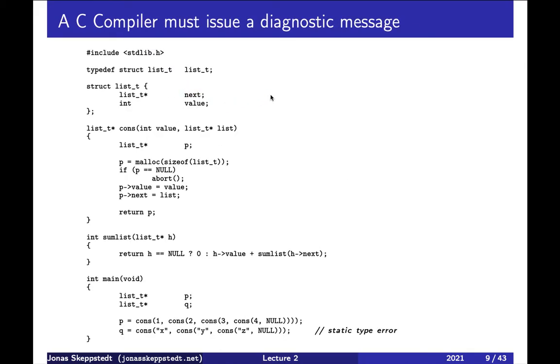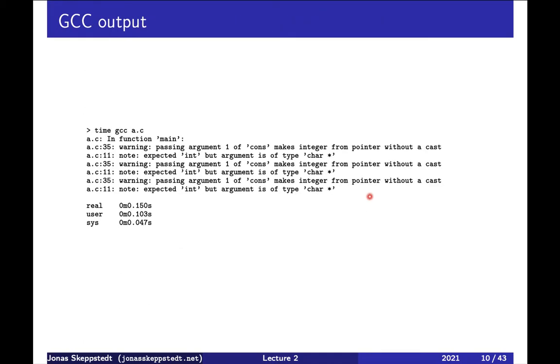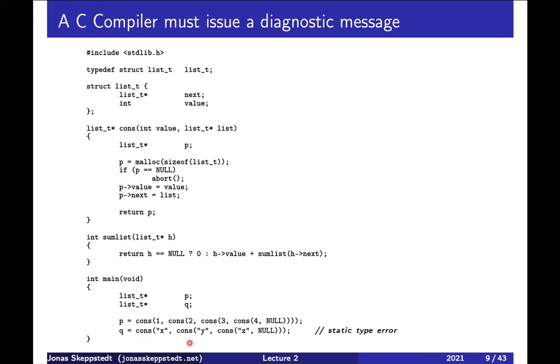If we do the same in C, you don't have to read this. We defined a struct, which is similar to a class, and we have a next pointer and a value. And here we do the cons, which means adding a value as a new list item to the front of the list.